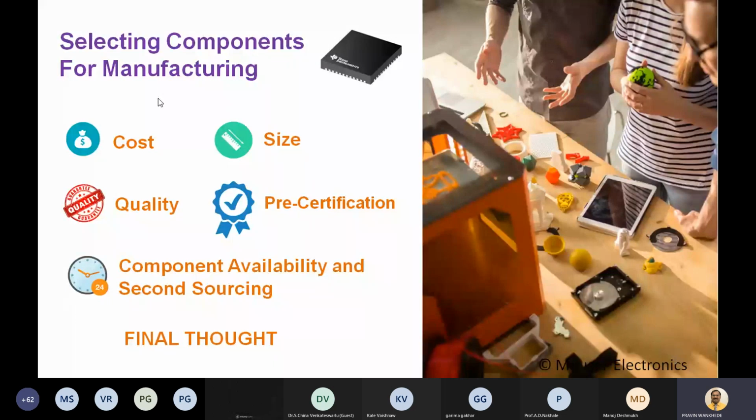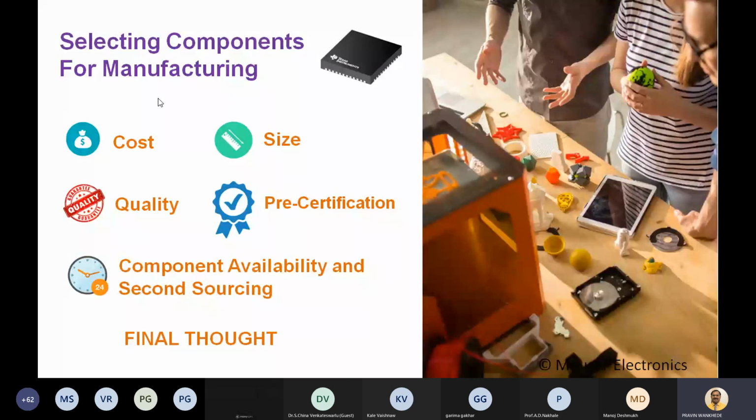Therefore, if you know how to use a part, use it to speed up your development process. Remember that if you just want to check whether your idea is working or not, in my personal opinion, and most developers will tell you, use whatever components are available in your lab and develop your idea and your prototype.